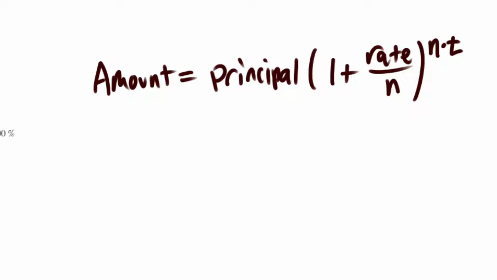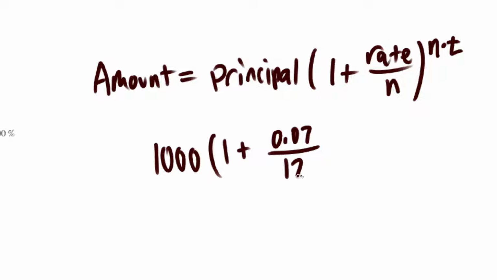So if you wanted to invest $1,000 and your rate was, again, let's do 7%. And let's say it compounds monthly. You'd put 12, and then you do 12 to the 12th times, let's say in 4 years.